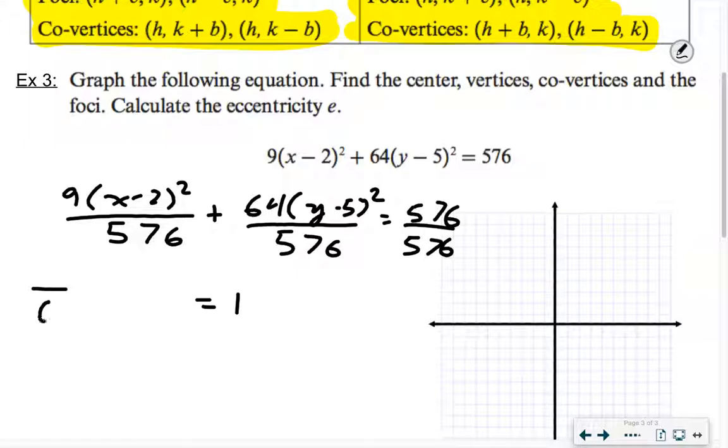Well, I believe it's 64. 64 goes into 576 9 times.